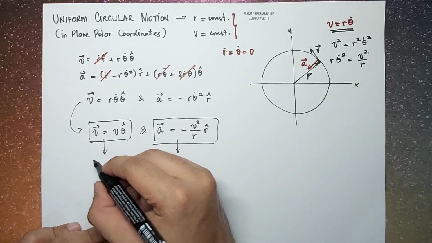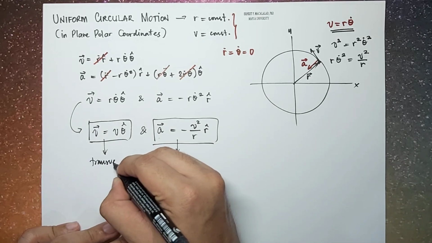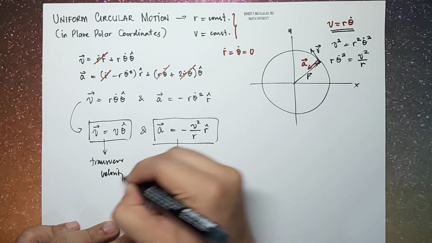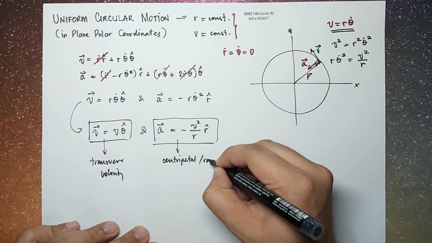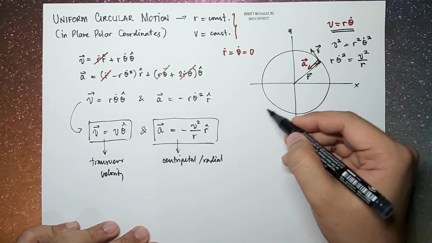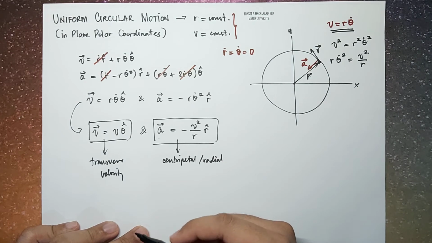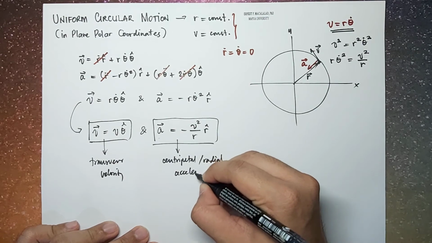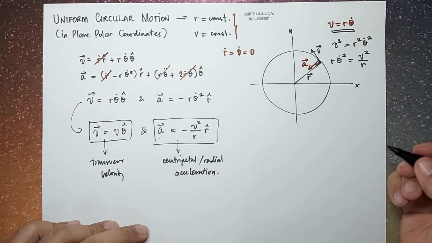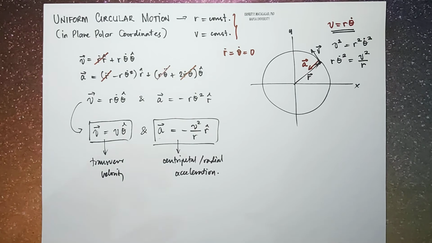So this is your transverse velocity, and this is your centripetal, sometimes called radial, acceleration because it's always pointing along the radial direction but opposite. This shows that we can express the velocity and acceleration for uniform circular motion through the plane polar coordinate system.